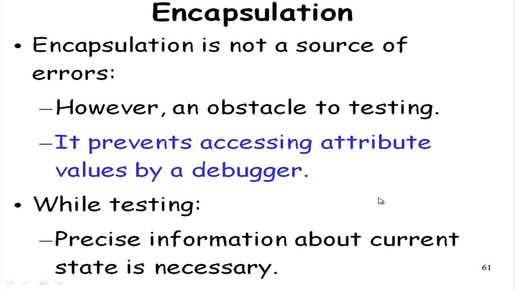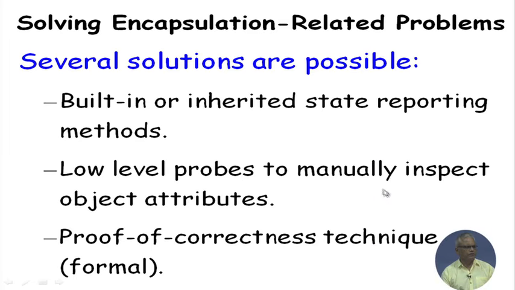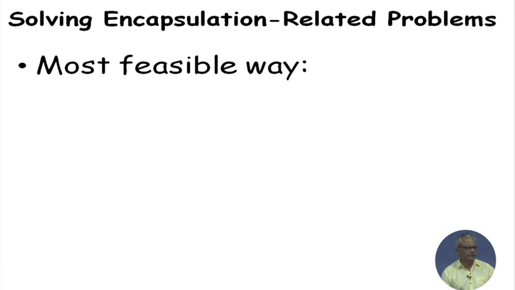So, how does one overcome this problem? Several solutions are possible. One is state reporting methods. So, we might have additional methods in a class which report the values of these private variables. Other options are low level probes to manually inspect object attributes, or formal proof of correctness techniques. We do not really look at the variables, but use proof of correctness techniques.